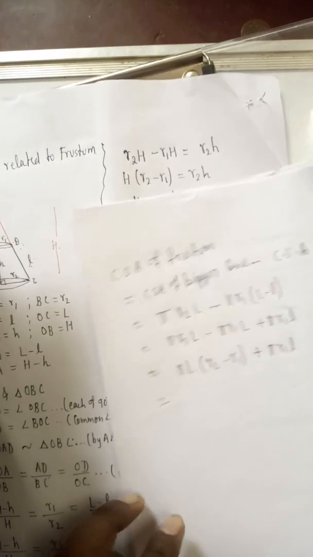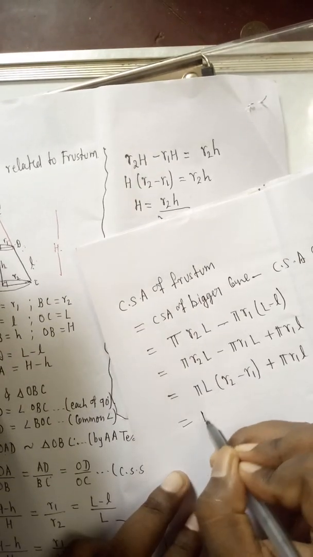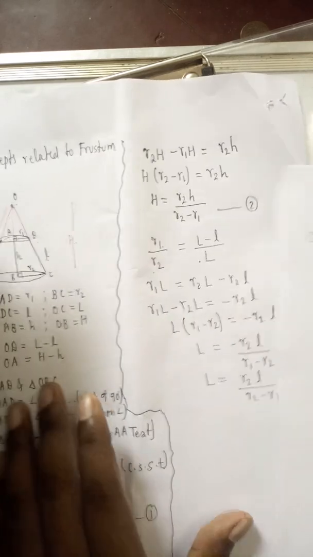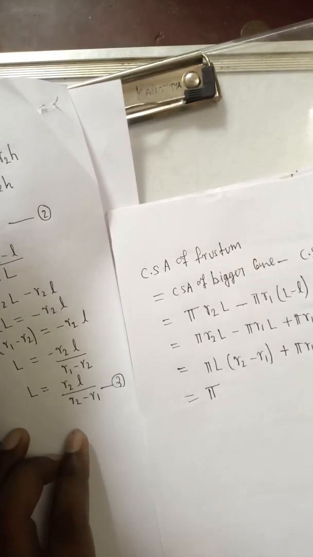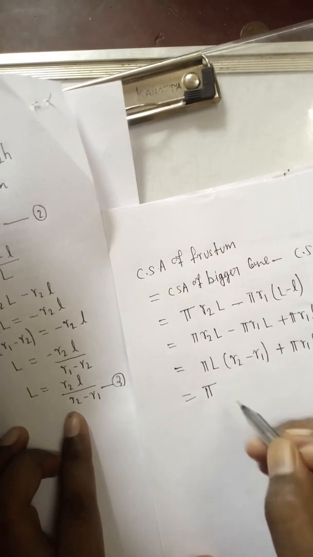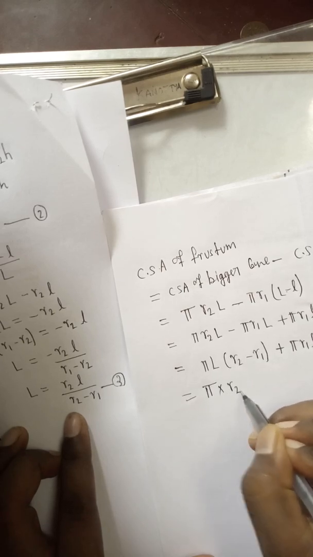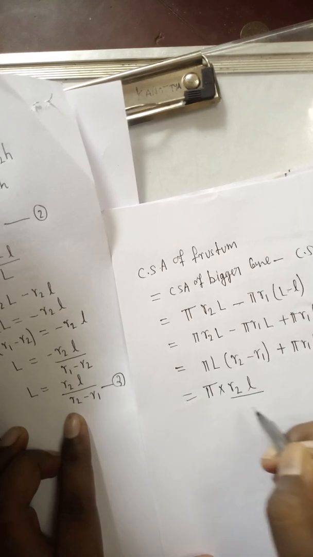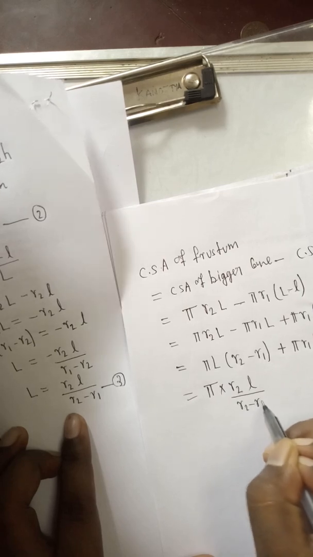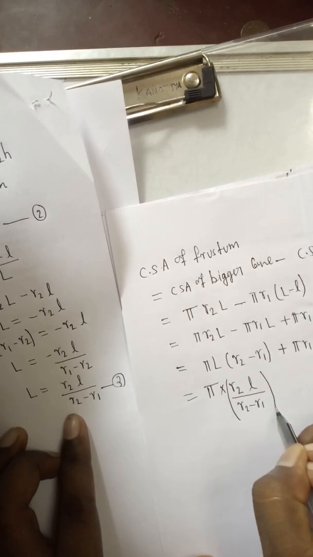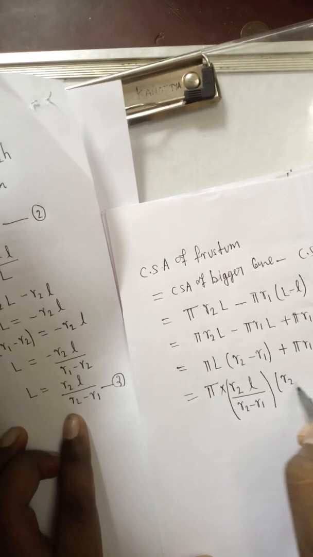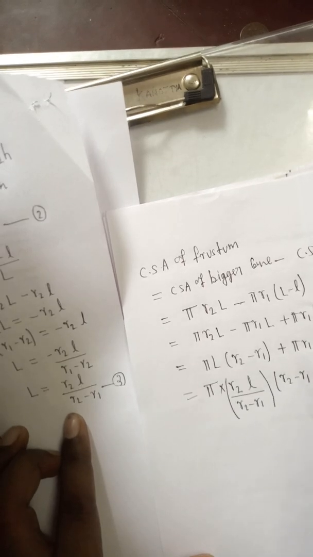That means this can be written as pi into R2 l upon R2 minus R1, into this R2 minus R1. Hope this is clear.